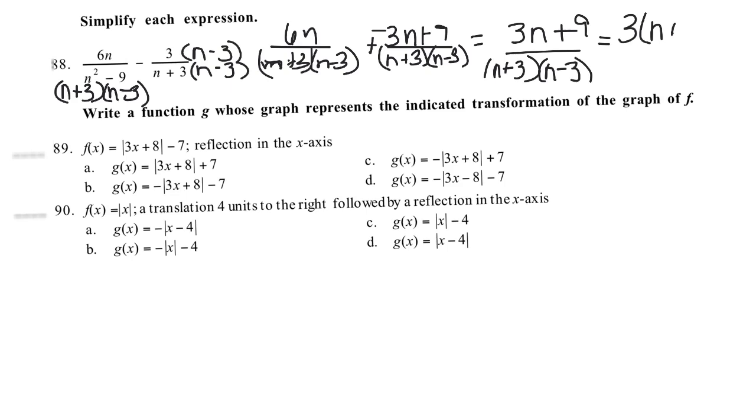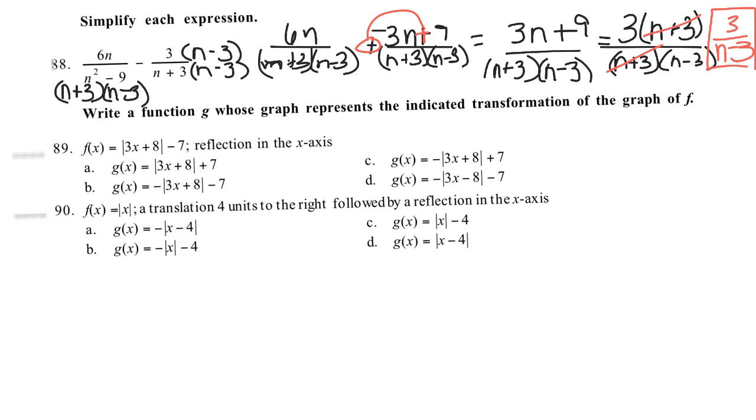Factor out a 3, and we get 3 times n plus 3. And the n plus 3 divides out. So we have 3 over n minus 3. So the biggest problem on this one is remembering that that negative sign distributes and makes this a plus.